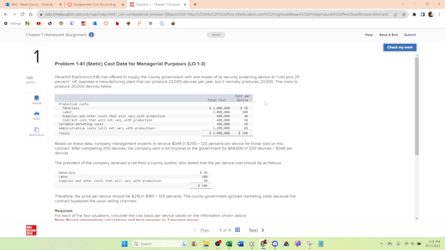Variable costs means that the total cost varies, not that the cost per device varies. And the way the question is worded, it says include everything except for marketing costs. Nothing will vary when you change it from 20 to 22. Obviously the total variable cost will change, but the cost per device will not change.